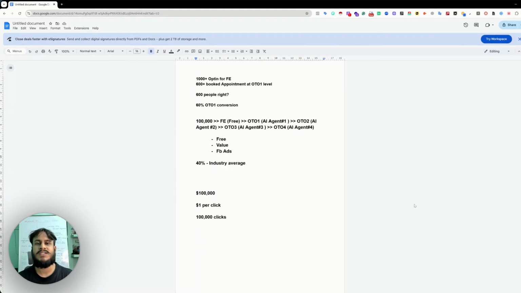So I'm getting an industry average 40% conversion ratio because it's a free offer, I'm giving something absolutely valuable, and these are all targeted people. So when 40% of people are getting this offer, this means 40,000 people are getting subscribed.